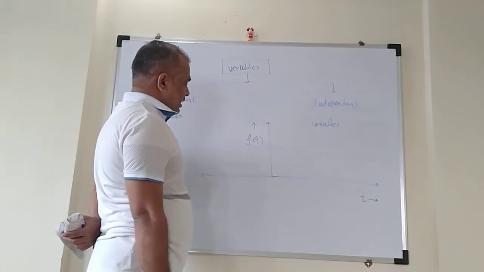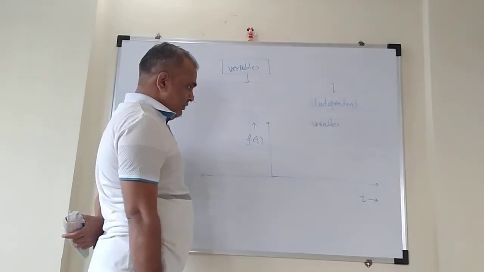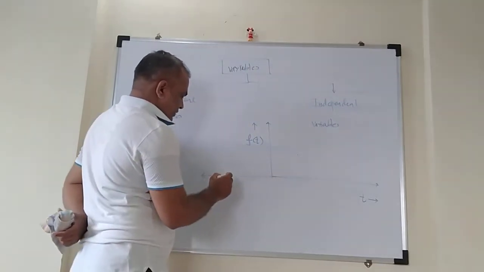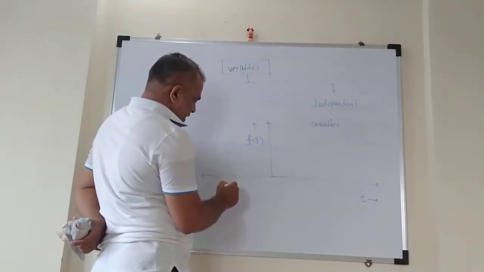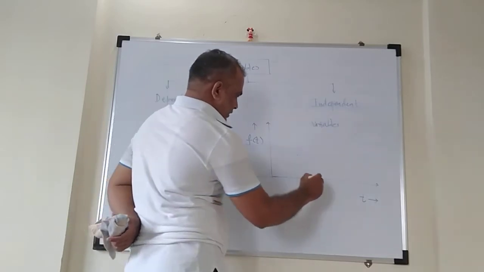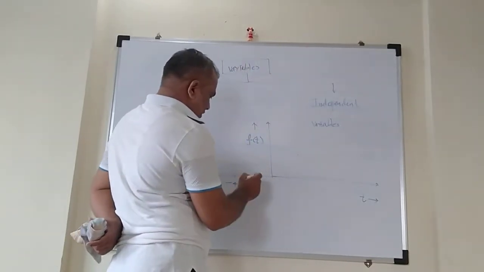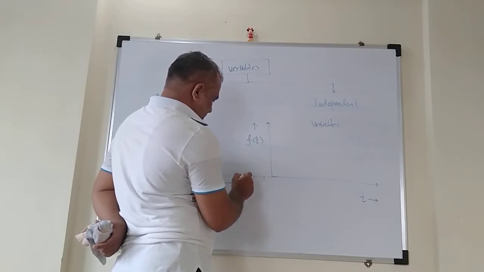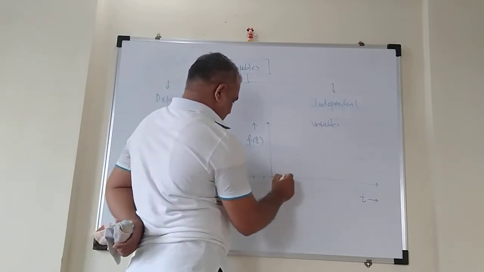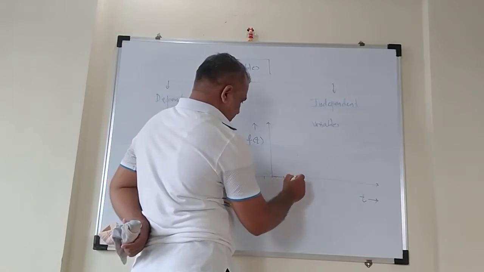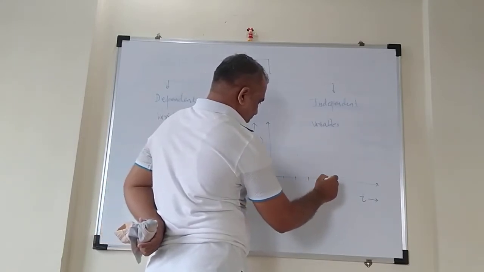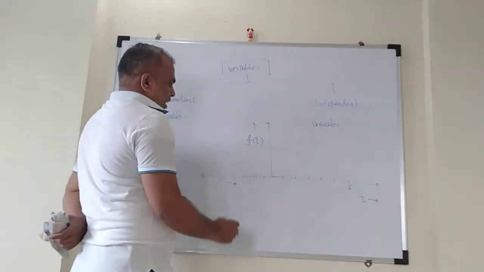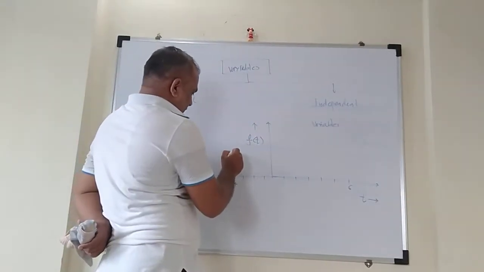Let us say you are having a function f of t, and this graph is drawn in this way. This is negative 4. So let us say this is 2, this is 1, and this is negative 3. So 1, 2, 3, 4, 5 and 6. Let us say this is the positive 6 side, and your plotted graph is in this way.